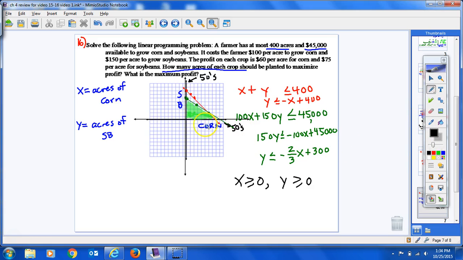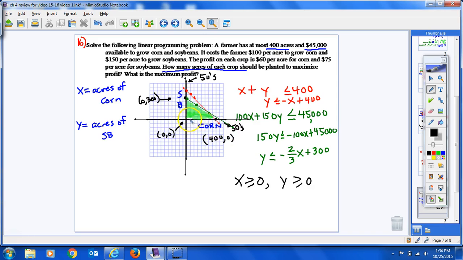Now let's name some vertices. We have here at this top vertex, that's 0, 300. Got to be careful to remember that you're in different units here. This is 0, 0. We have this vertex down here. 1, 2, 3, 4, 5, 6, 7, 8. 400, 0.